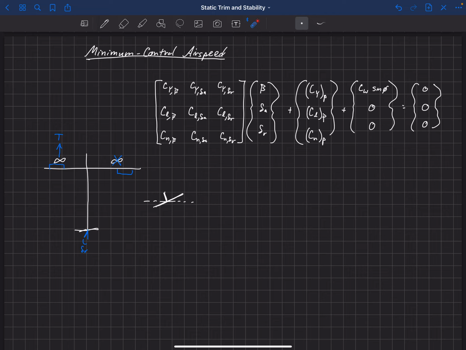And so a common regulation or design point is that we want to size the rudder so that we need no more than 5 degrees bank angle. So phi is less than or equal to plus or minus 5 degrees. That's a design point that you can design towards, that we need to be able to trim this out at less than 5 degrees.